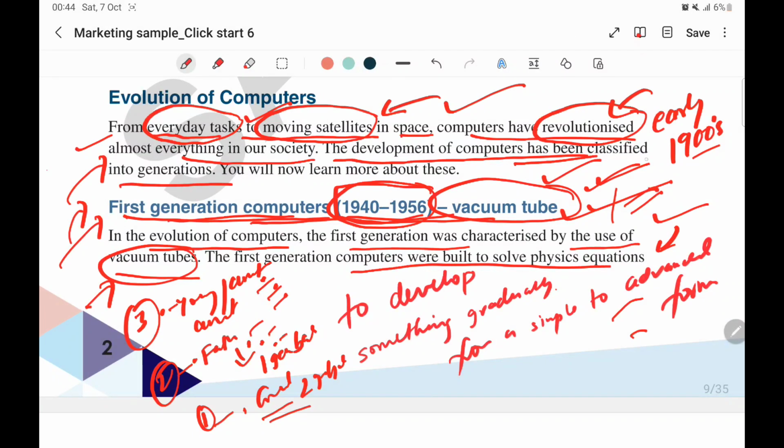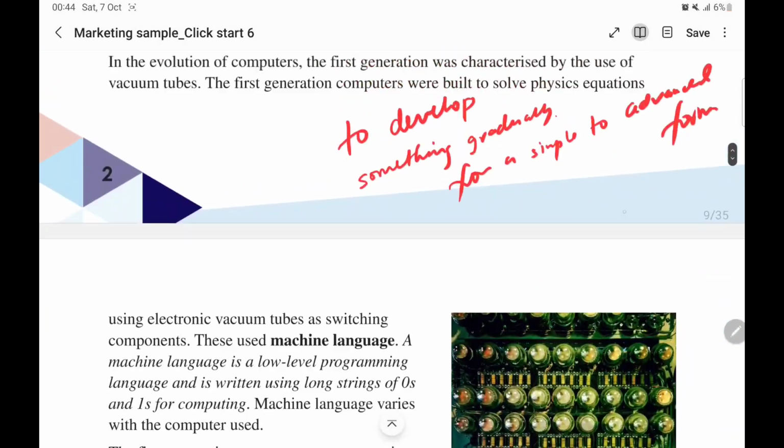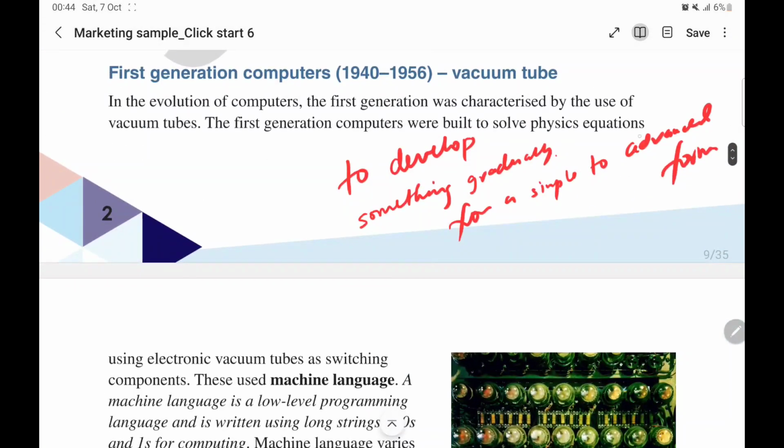Now, students, we should further see how our first generation computers used algorithms to solve physics equations. Physics is one of the parts of science.